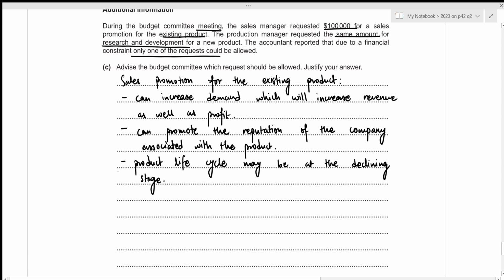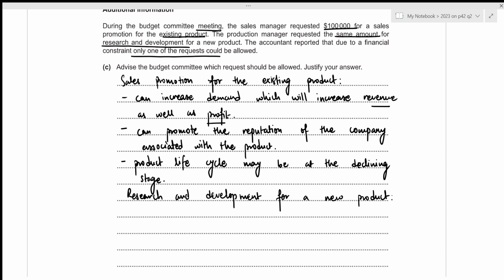Now we need to look at the research and development for a new product. So we said before that the sales promotion can increase demand, which will increase revenue as well as the profit. But we cannot say the same thing for research and development for a new product, because any financial benefit from a new product may not be realized for a certain period of time.